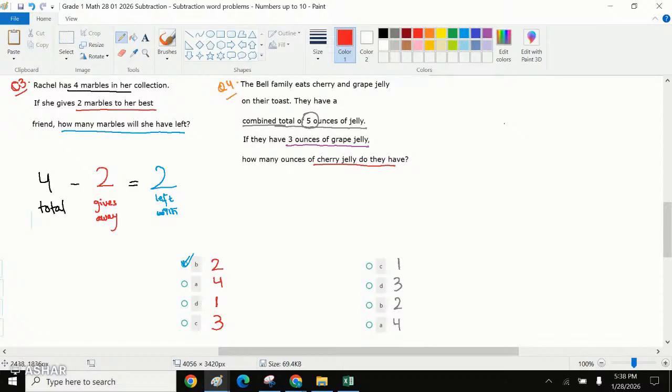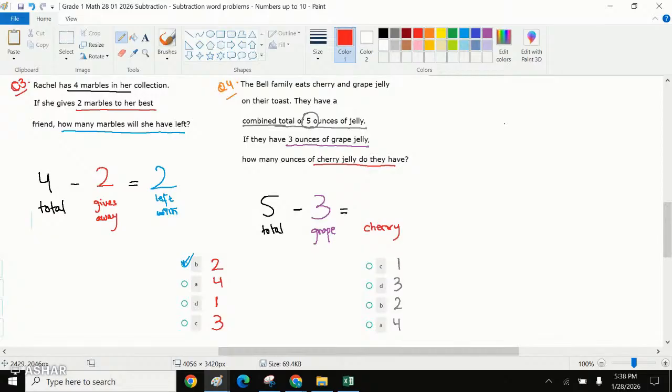So can we say the total was 5? That was the total weight they had minus what is given? 3 ounces of grape is given. So the remaining should be the ounces of cherry, right?